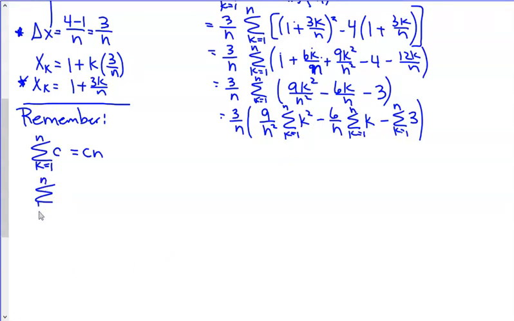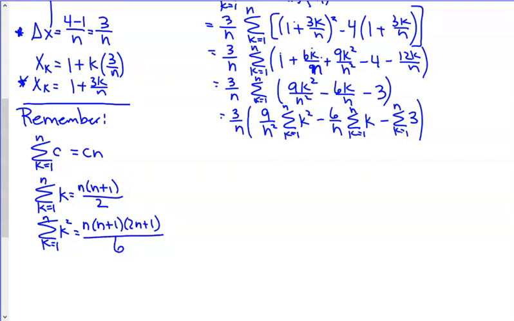So I want you to remember the k term was n times n plus 1 all over 2. This is why we practiced it last time, but we were having exact numbers and not just n's. And of k squared, that was n times n plus 1 times 2n plus 1 all over 6. So these things are going to come into play right now into our problem.